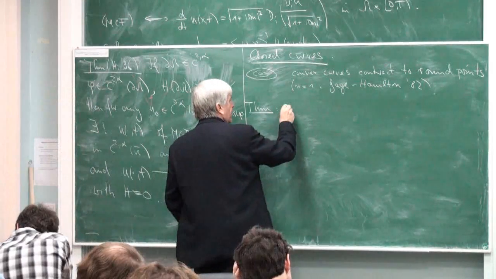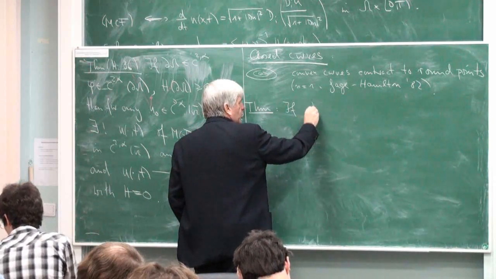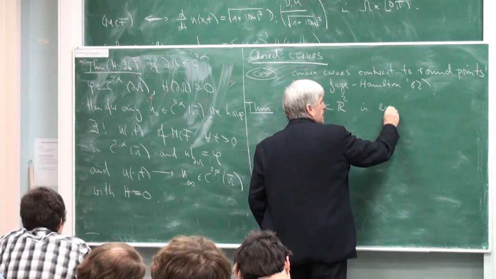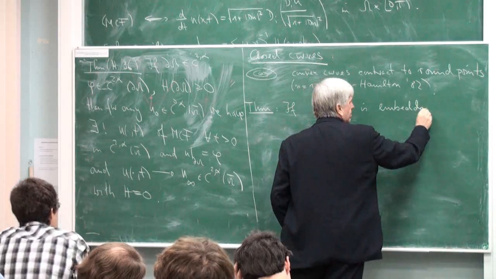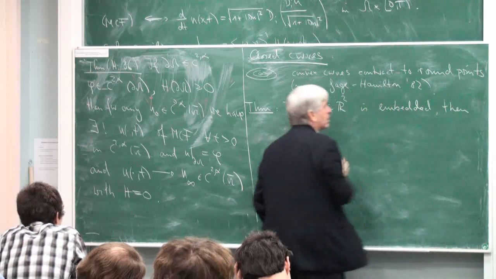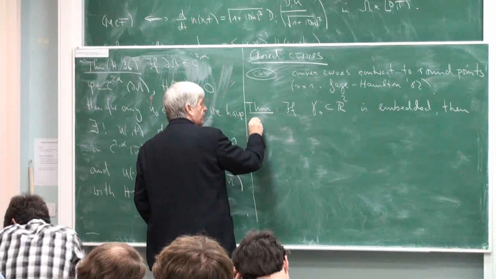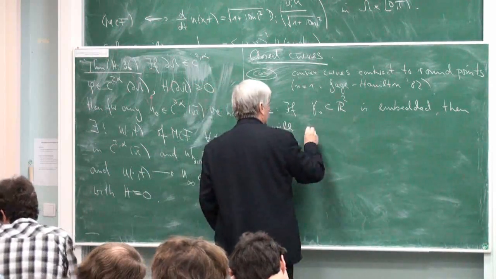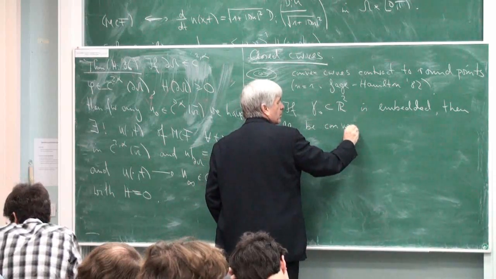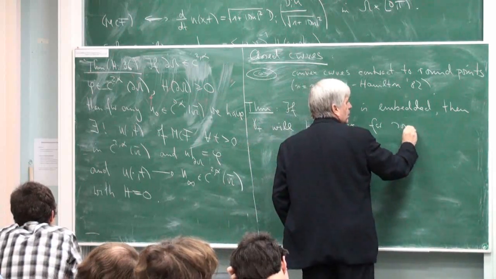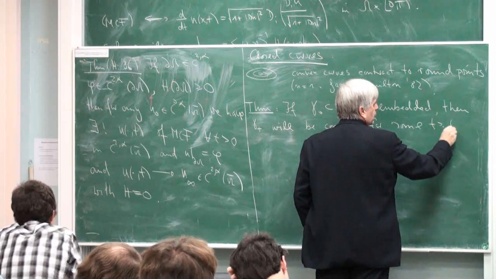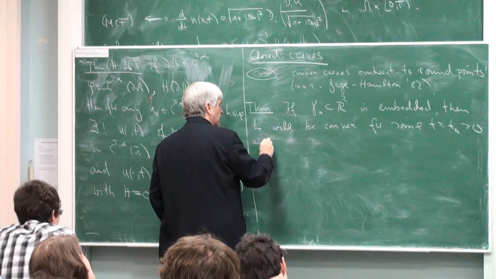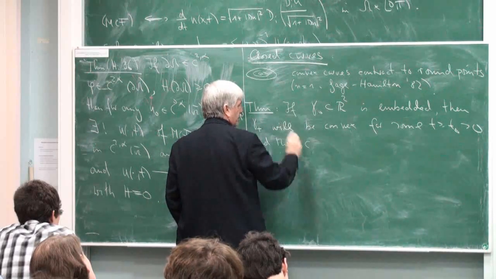Matt Grayson proves that if the initial curve is embedded, then gamma t, the curve at time t, will be convex at some positive time, and then contract to a point by the previous result.